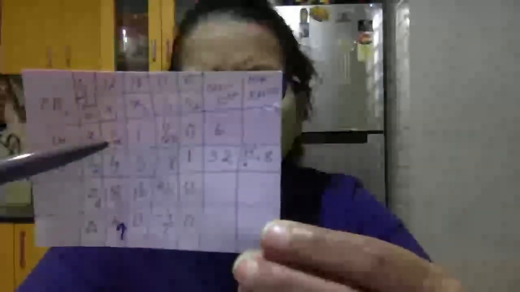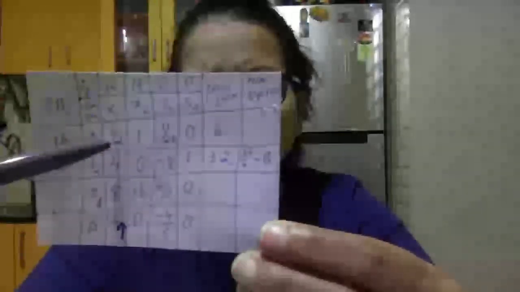So 32 divided by 4 is equal to 8. Next, we have to divide 6 by the element in the key column, which is half. 6 divided by half is equal to 12.